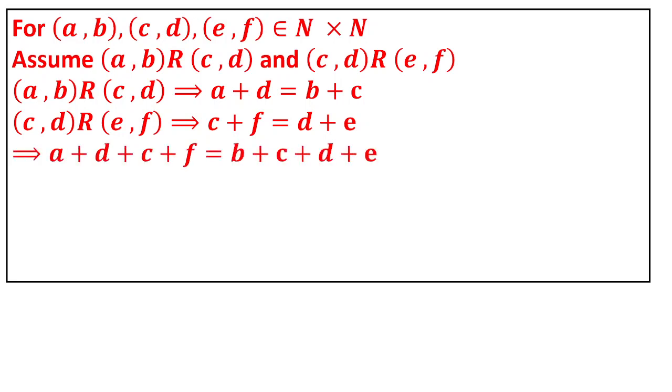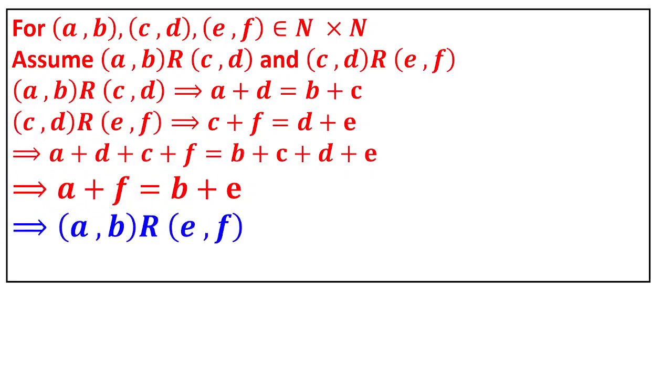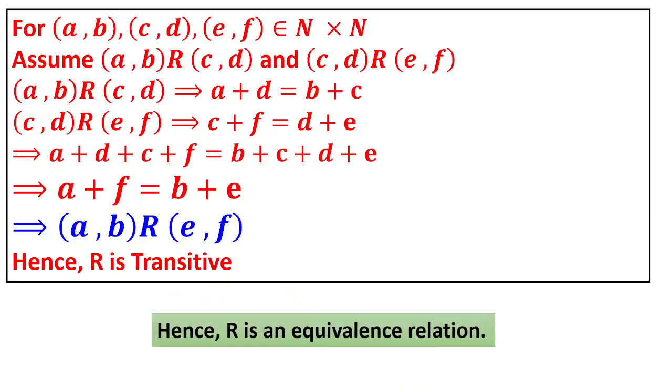Now when you add both of them, on the left hand side I get A plus D plus C plus F, right hand side B plus C plus D plus E. I can cancel like terms on both sides, then I get A plus F is equal to B plus E, which means that (A, B) is related to (E, F). I started with first related to the second, second related to the third, and I have proved that first is related to the third. Therefore R is transitive and it is an equivalence relation.